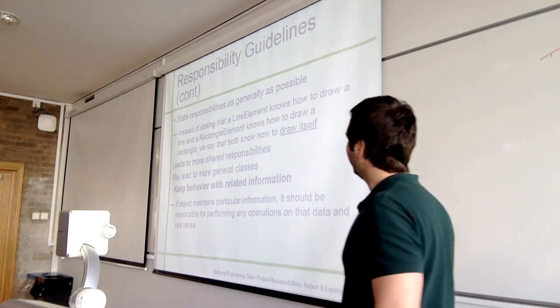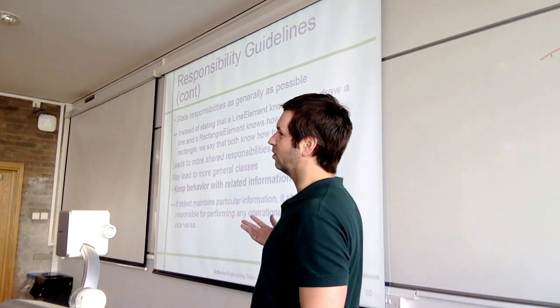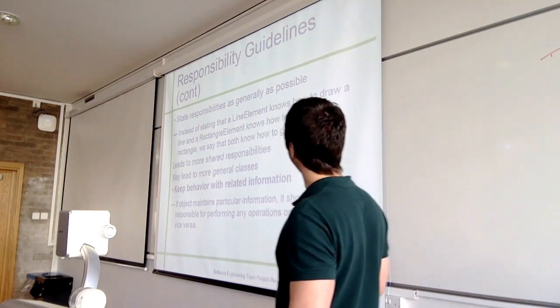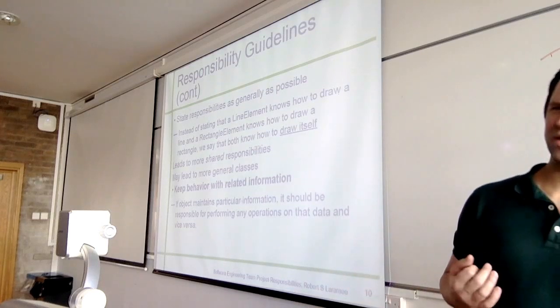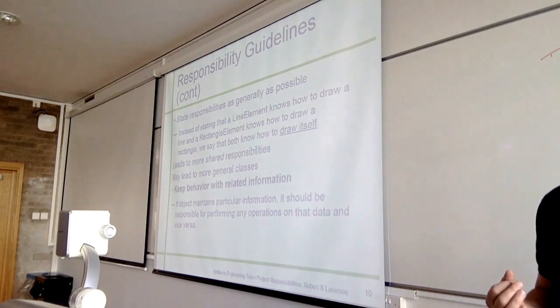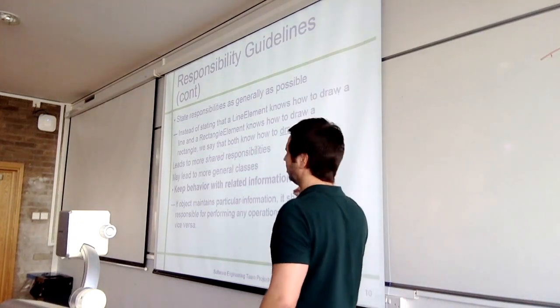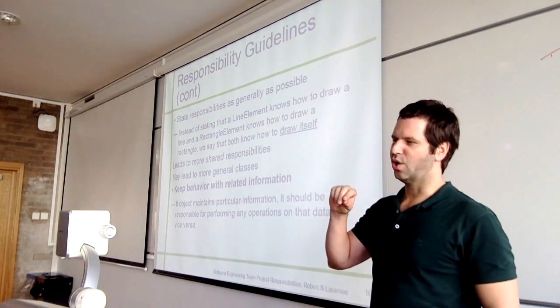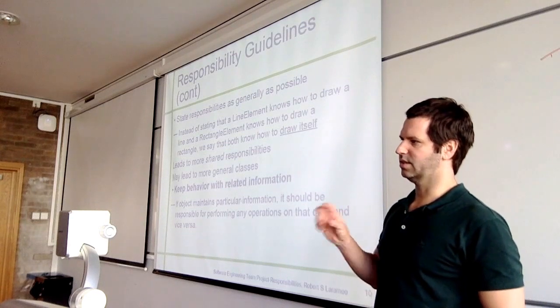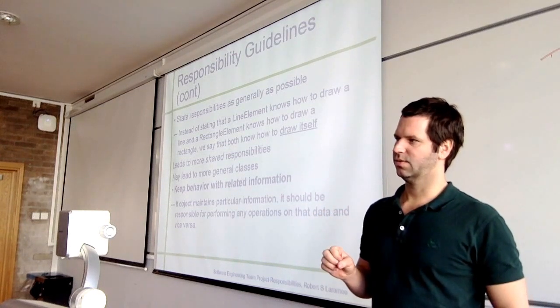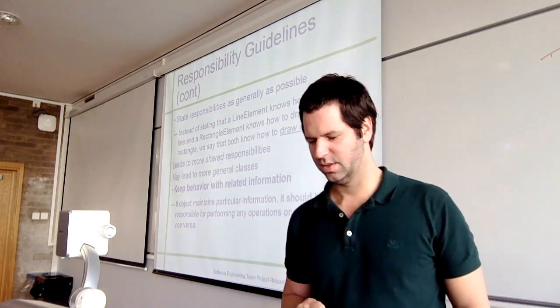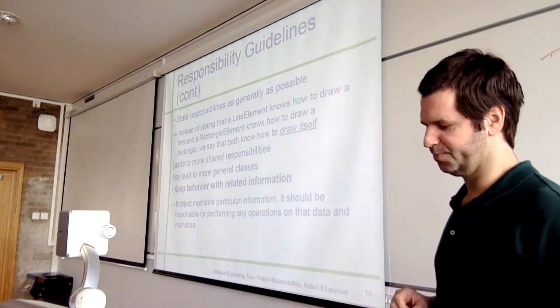In other words, we might have a method called draw. Right? Line element draw, and rectangle element draw. There's no point in having a line element object and then a method called draw line element inside that object. Right? That's not very good design.